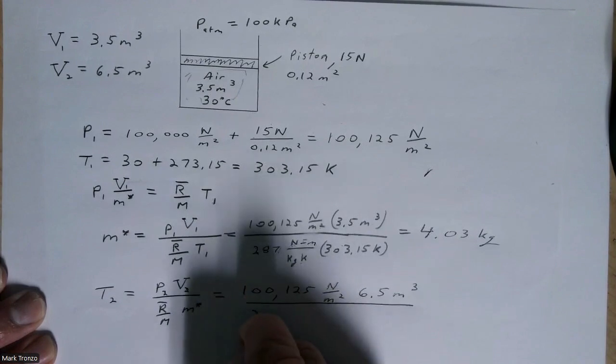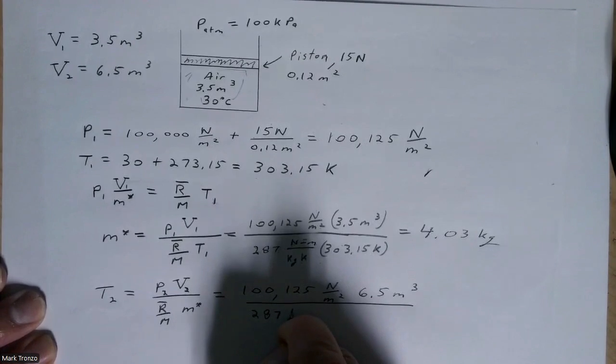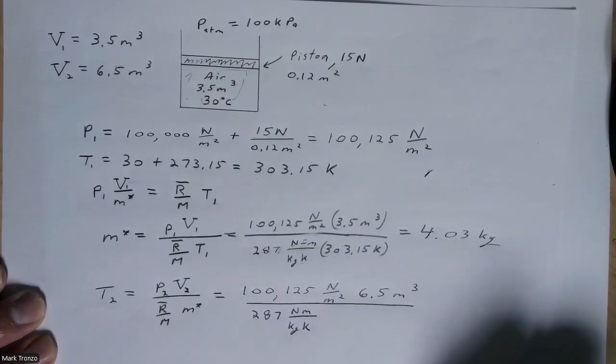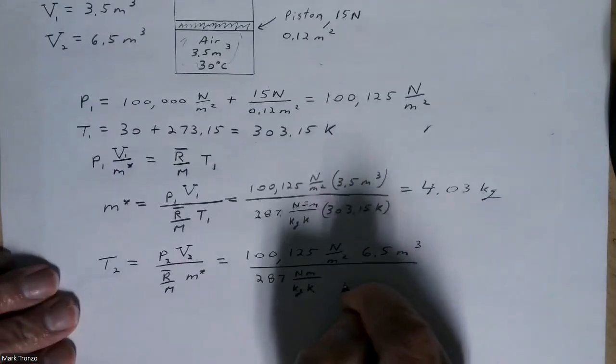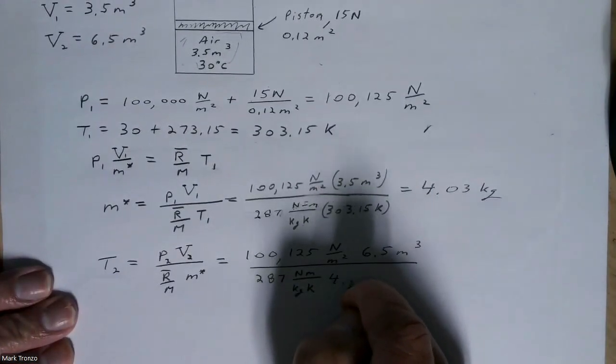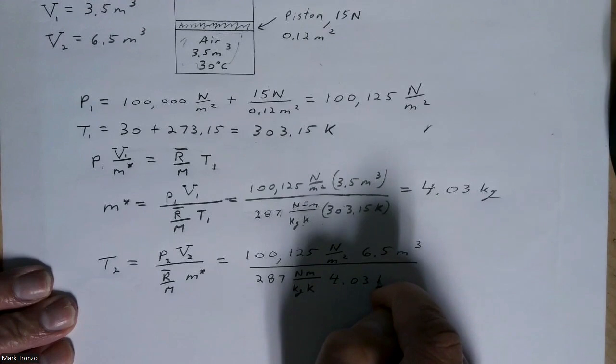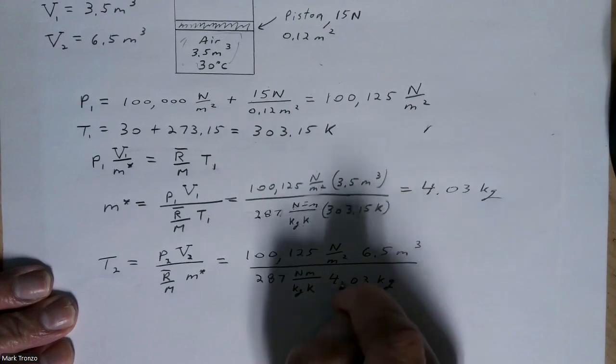And then once again, for R bar over M, we have 287 Newton meter per kilogram K. And then for our mass, we found that up here, 4.03 kilograms.